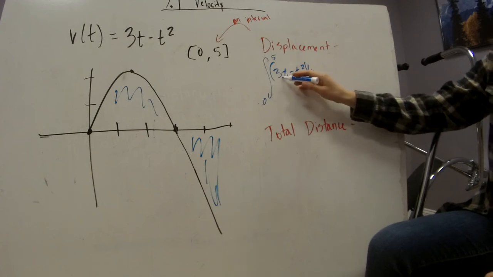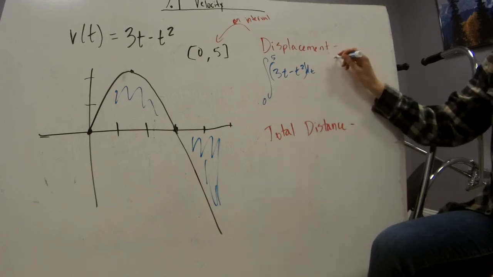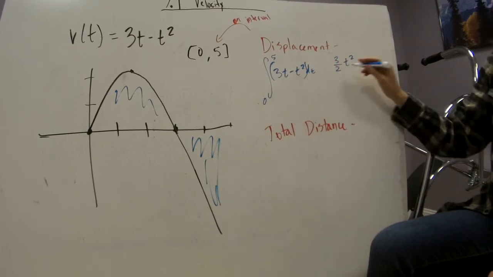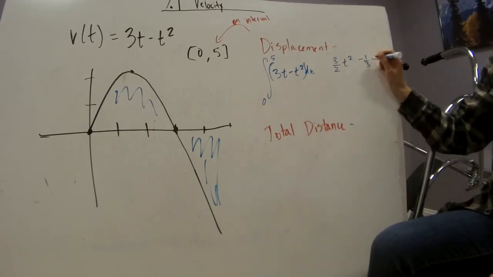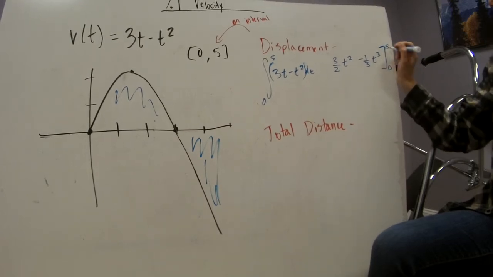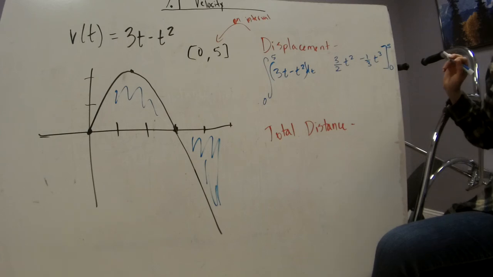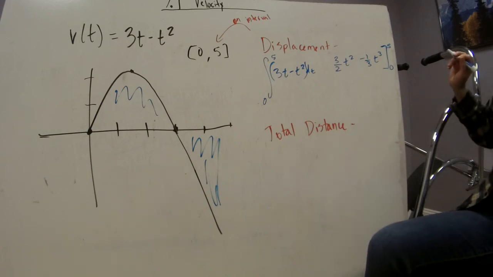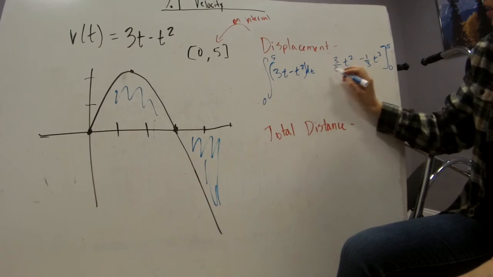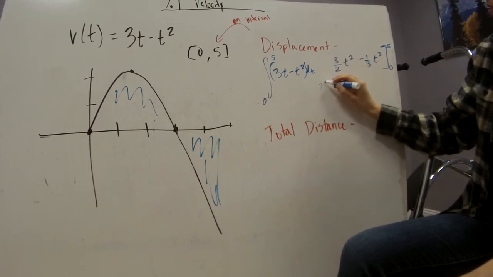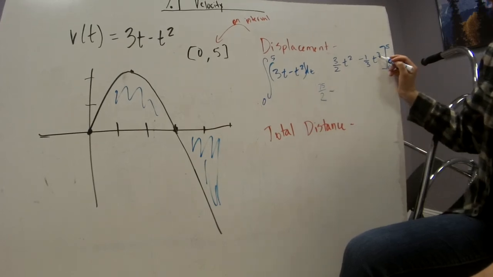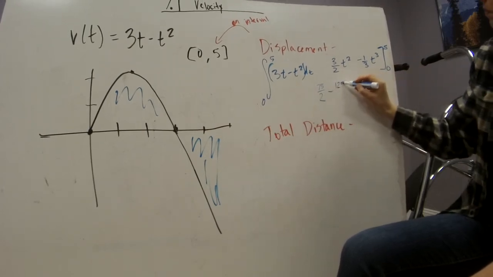Well, backwards from 3t, what's backwards from 3t? 3 over 2 t squared, right? What's backwards from t squared? Minus 1/3 t cubed. Well, that's just gross. Good thing we only have to plug in 5, because when you plug in 0, you're going to get 0. So if we plug in 5, 5 squared is 25, and 25 times 3 is 75, so that'll be 75 over 2 minus, and if you plug in 5 here, that's 125 over 3.